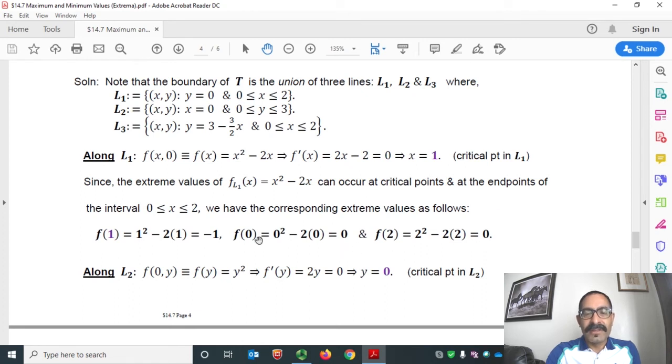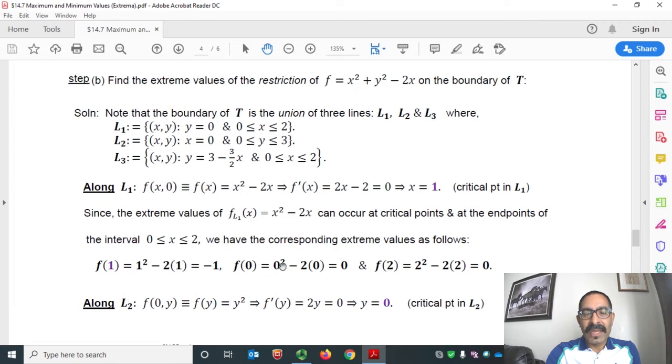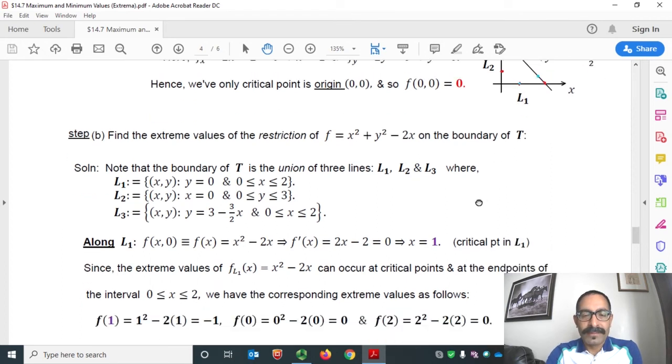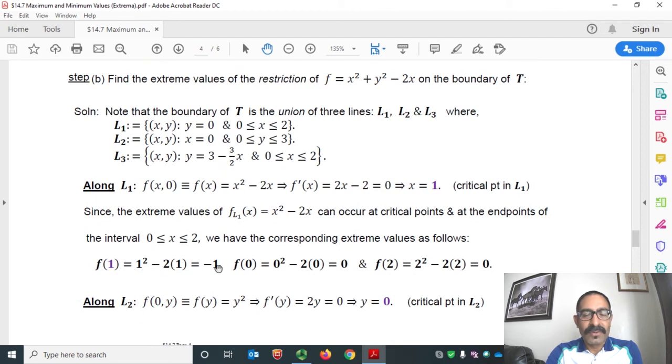Again, for our restricted function, f at 0 is 0, also at 2 is 0, and at 1 we found the value -1. This one. Great.